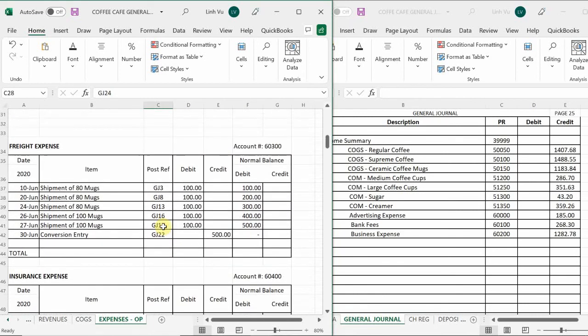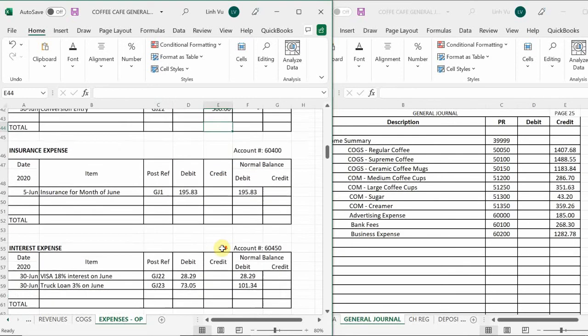Next account we have is freight expense, but freight expense already is zeroed out, so nothing we have to do there. Okay.